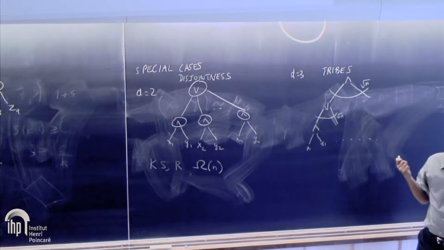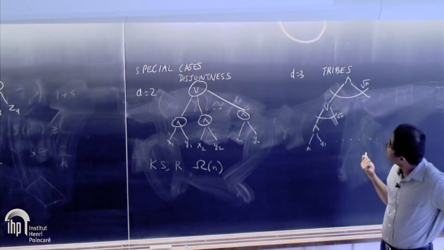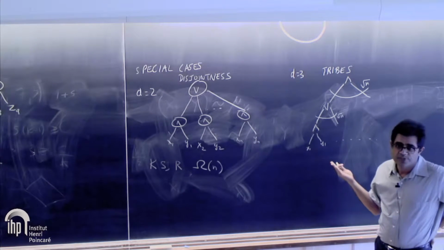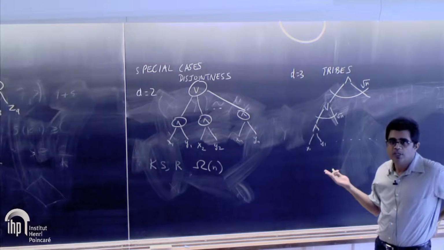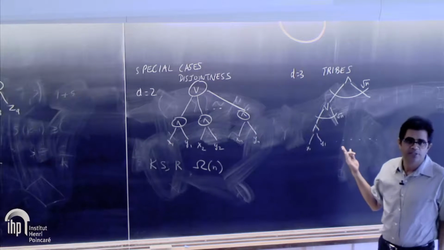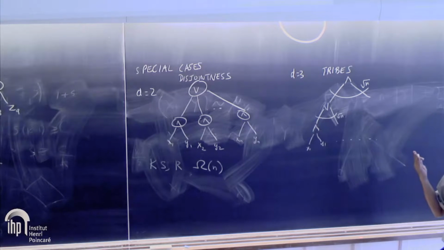It turns out that for this particular problem, you cannot use the corruption bound, because both the non-deterministic and the co-non-deterministic communication complexity of this problem are square root n. Therefore, the corruption bound cannot push it beyond square root n.